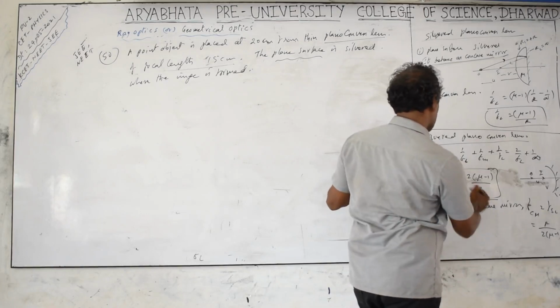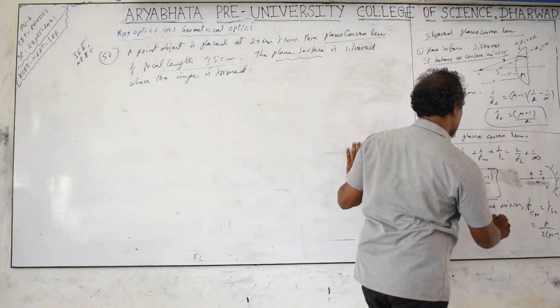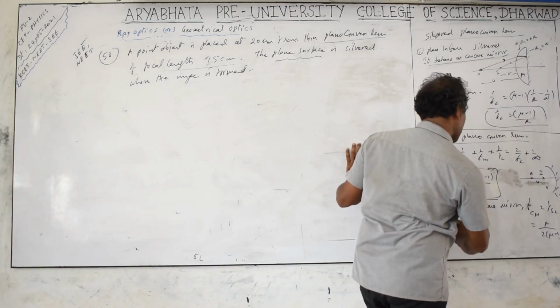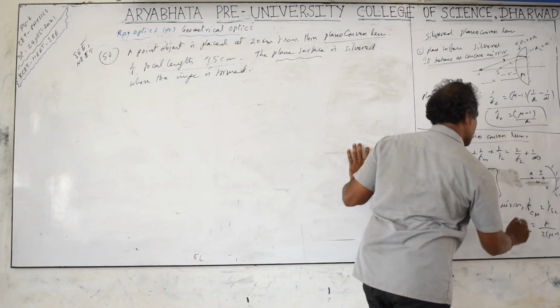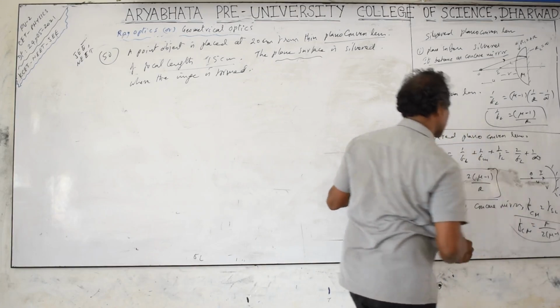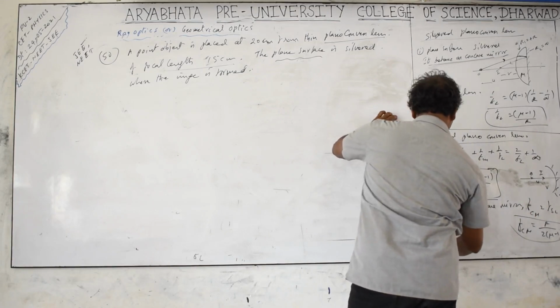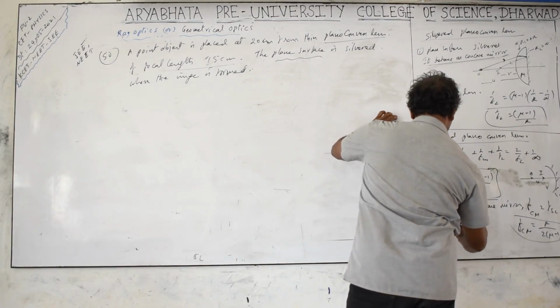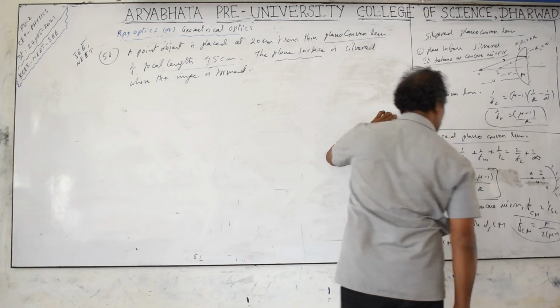But here the focal length is directly given. So when they give the focal length, we need to take the inter-comparisons as the relationship. This is the focal length of the concave mirror. The radius of curvature of the concave mirror is equal to 2 times the focal length.